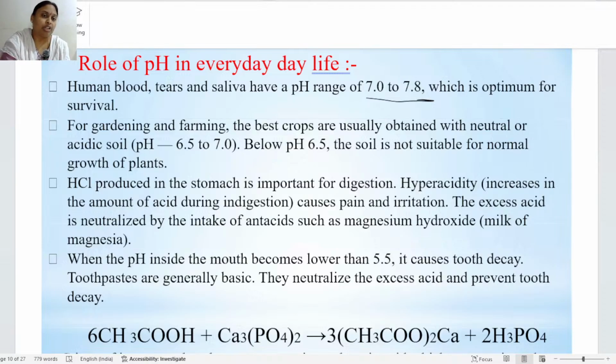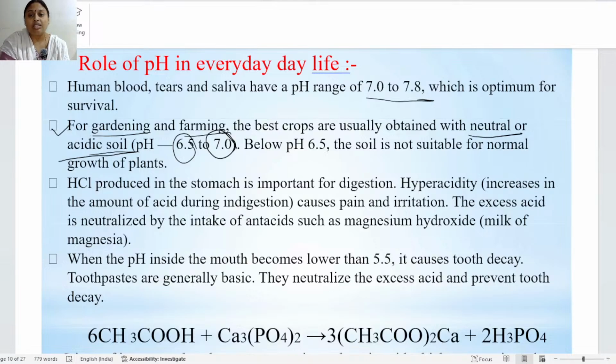For the second application, gardening and farming, crops will basically sustain in neutral pH, sometimes acidic soil pH also. Neutral pH is 7 and acidic pH is 6.5. It is not entirely acidic but slightly acidic.